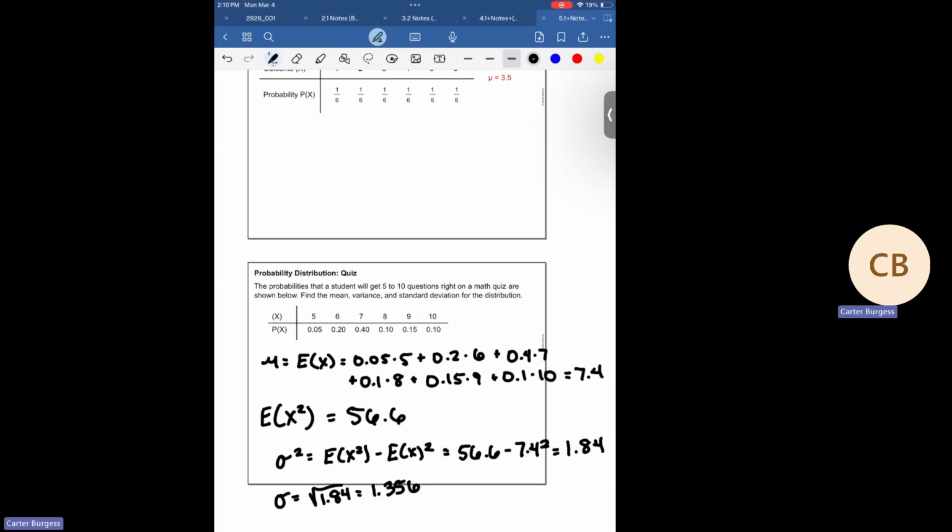I kind of got confused when we put E of X squared minus E of X squared in parentheses. Can I just put mu in parentheses? Sure, this is the same thing as mu squared.